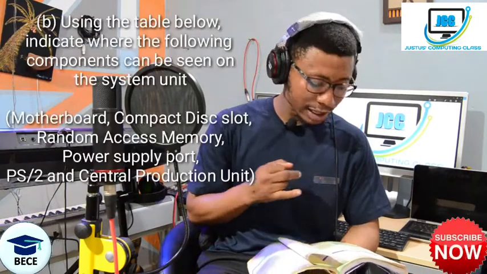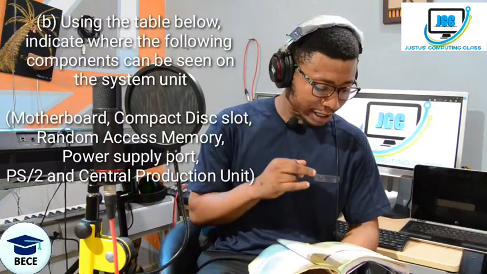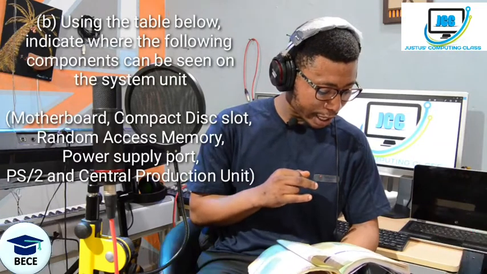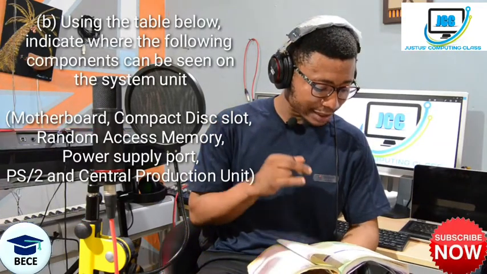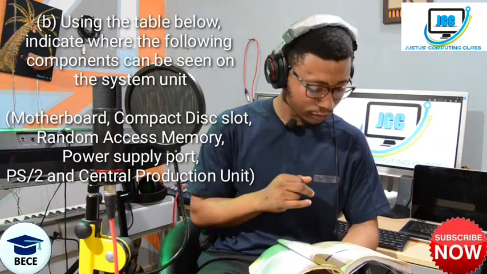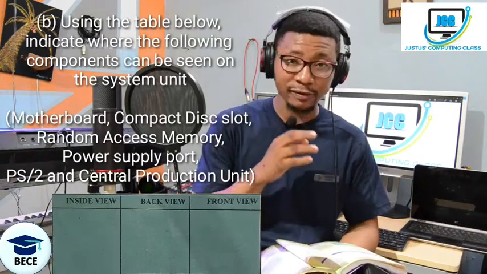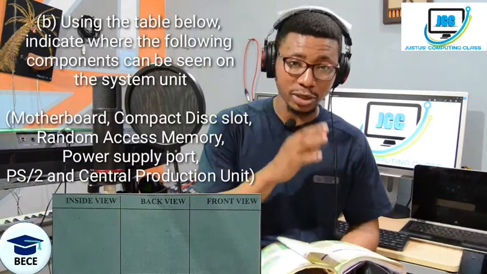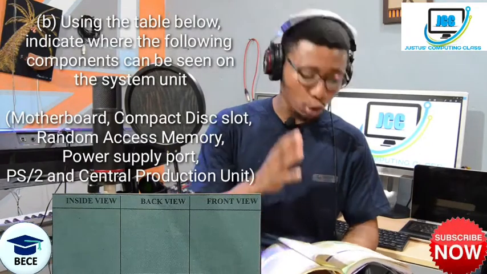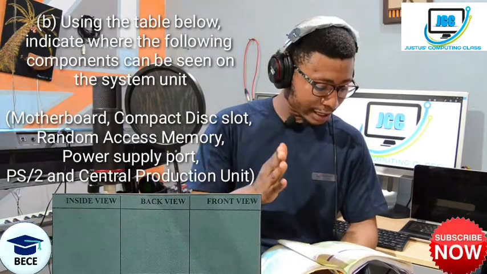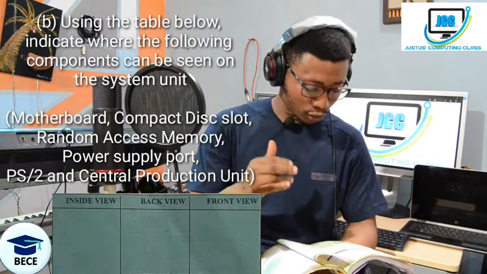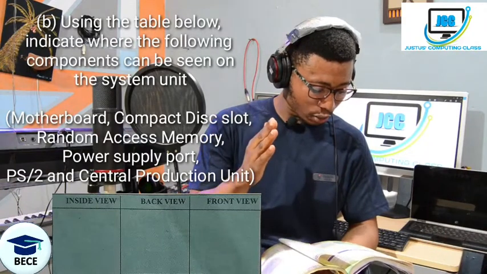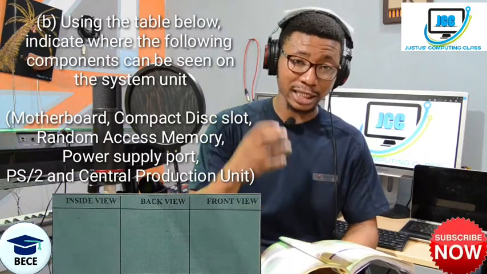Now let's look at the next one, which is B. Using the table below, indicate where the following components can be seen on the system unit. So we have the table, as you can see on your screen. We are going to group them: inside view, back view, then front view. That's the system unit.